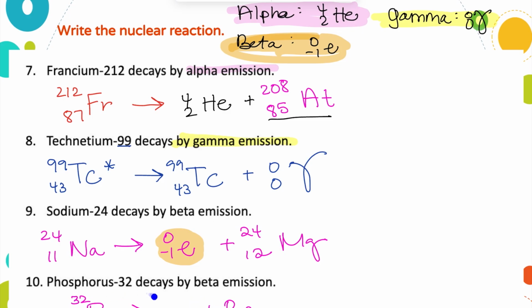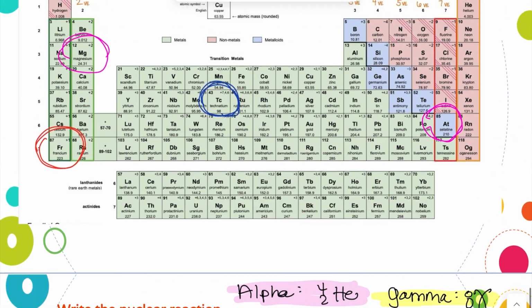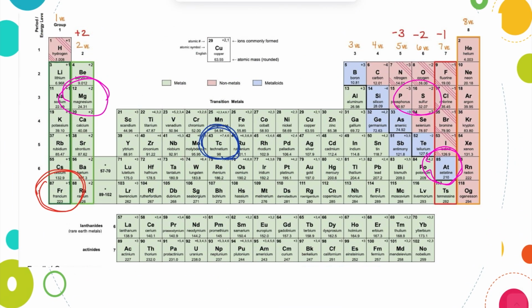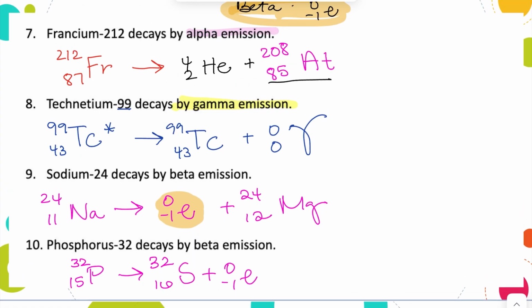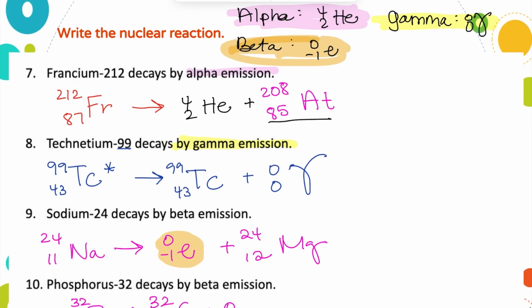So we have 32. So what plus 0 gives me 32? Well, that's 32 here. And what minus 1 gives me 15? 16 is here. So we can go to our periodic table. Element 16 is sulfur. And so we get sulfur 32 and that beta particle as that phosphorus decays.